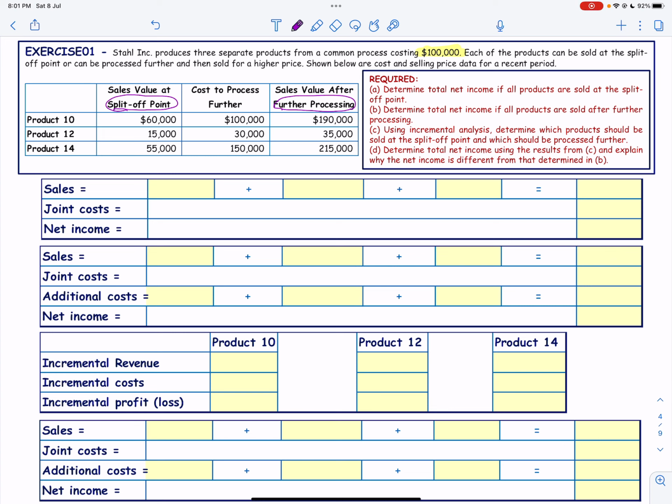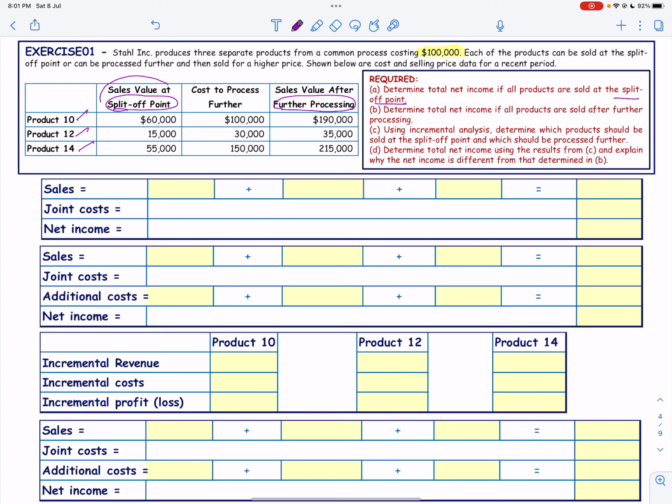Shown below are cost and selling price data for a recent period, and we have the 3 products, product number 10, product 12 and product 14, and let us see what is required. Determine total net income if all products are sold at the split off point.